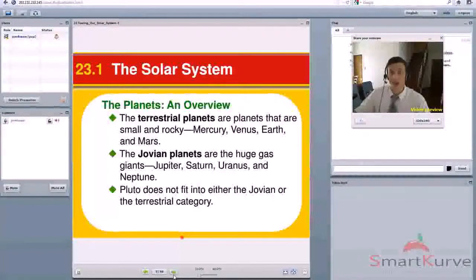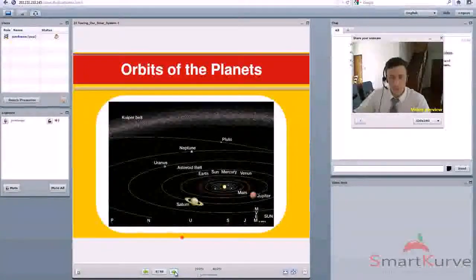On slide 6, we can see a picture there of the solar system with the sun there at the center and all of the planets with their elliptical orbits revolving around the sun. A couple of other features here, a couple things to notice. Take a look between Mars and Jupiter.